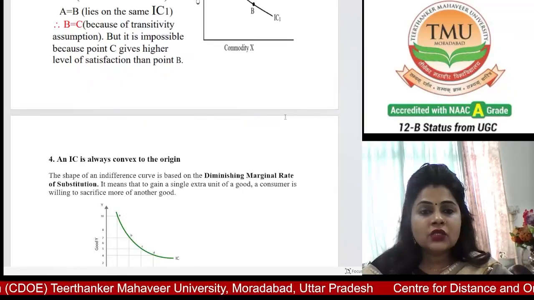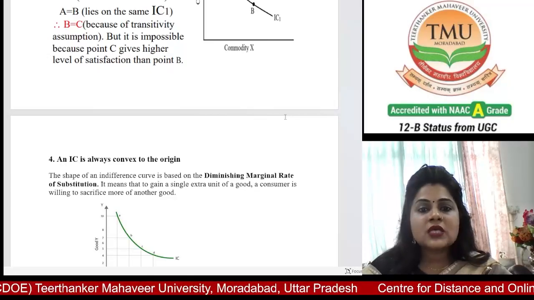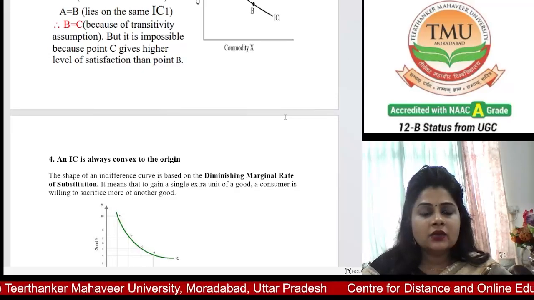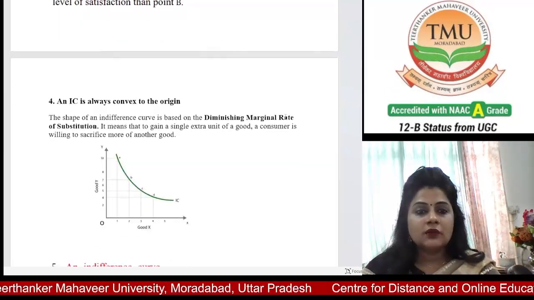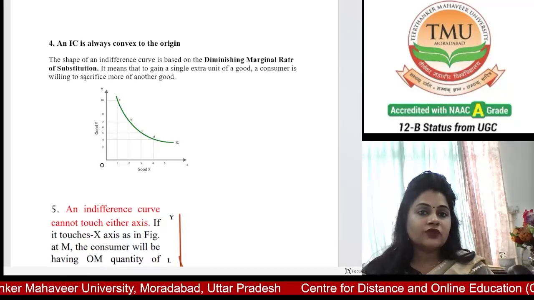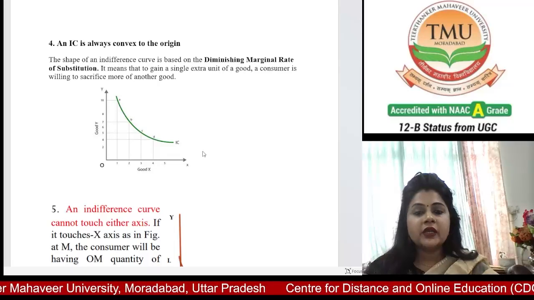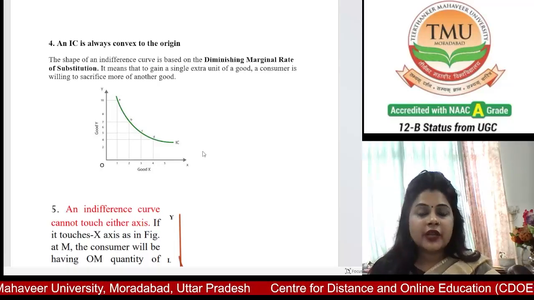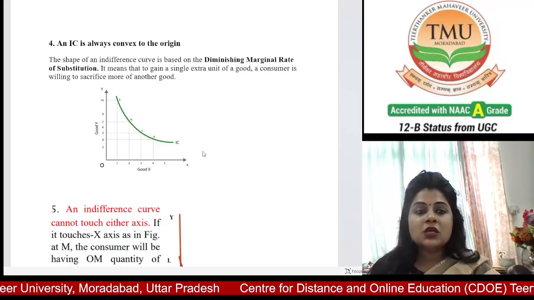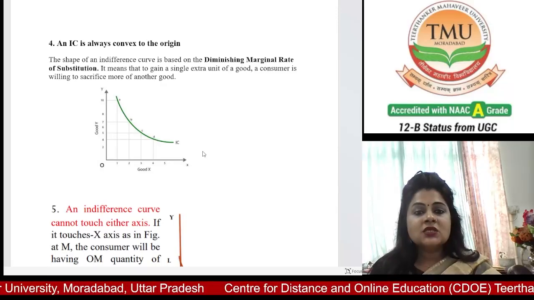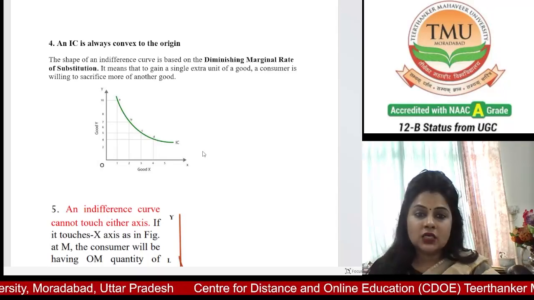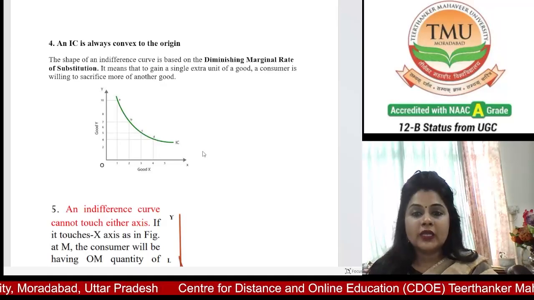Now, fourth, an IC is always convex to the origin. The shape of an indifference curve is based on the diminishing marginal rate of substitution. I have also explained what the diminishing marginal rate of substitution is. It means that to gain a single extra unit of a good, a consumer is willing to sacrifice more of another good.